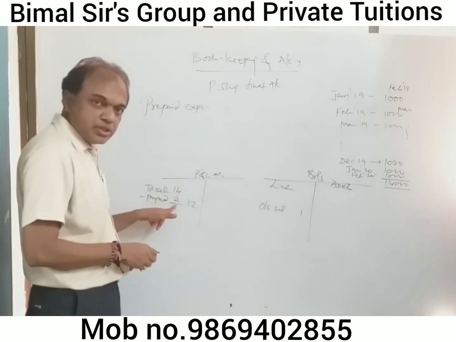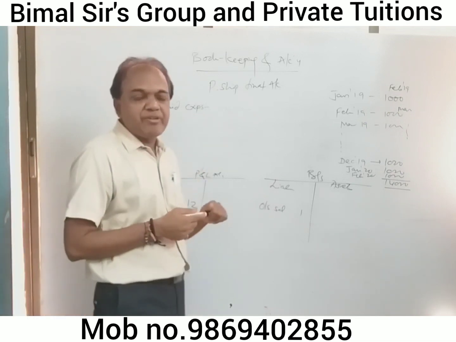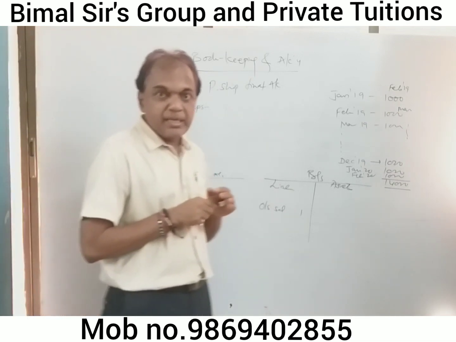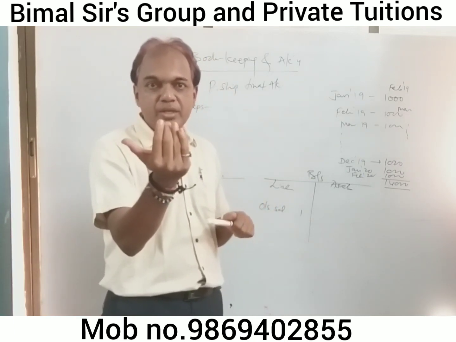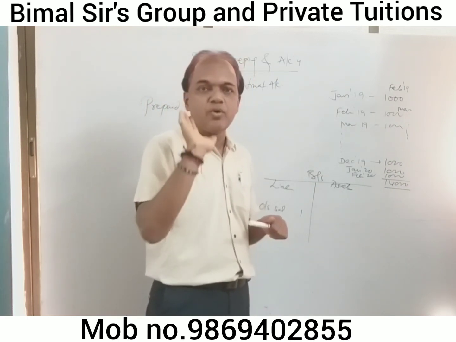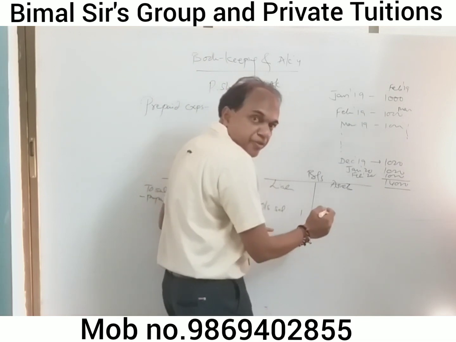And this 2,000: if you come in the month of January and say, sir, I want to leave the job, I have got a good job with more salary, then what will I say? You first refund my money. You have taken 2 months advance, give it back to me, and then you can go for another job. So this 2,000 can be recovered from you.